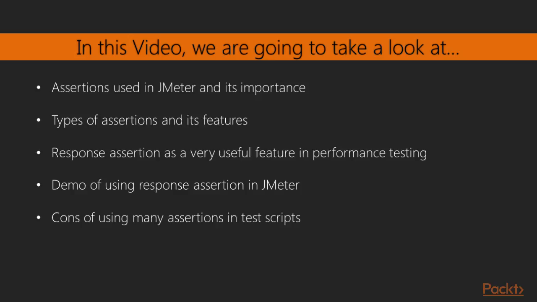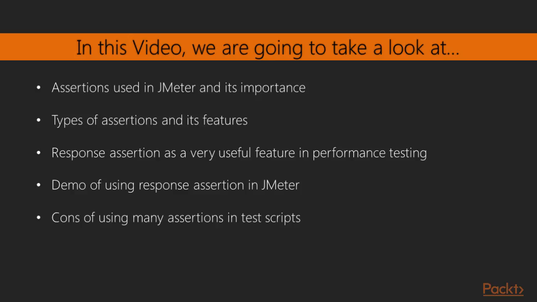There are different types of assertions in jMeter like bean shell assertion, response assertion, duration and size assertion, etc. Some assertions like the response assertion or the size assertion can also be used against a jMeter variable.